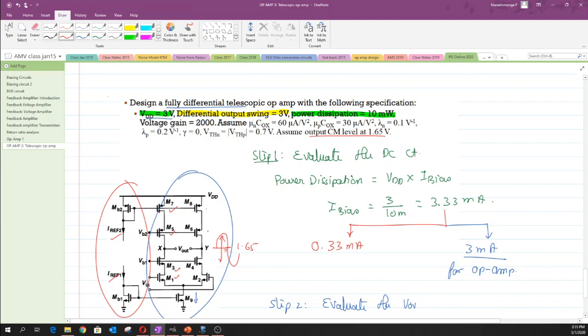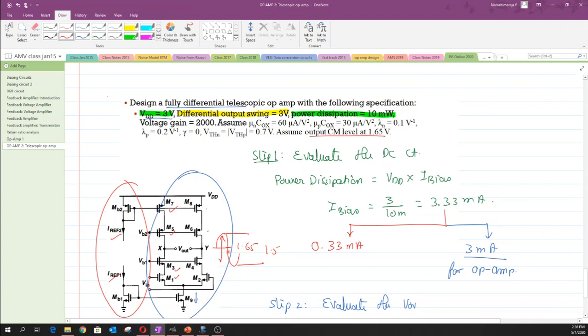It's not been doubled. The doubling will happen only when we measure the output swing with respect to the other end. Only then the factor 2 will come into picture, but if I am not considering the factor 2, then the total swing I would have across a single node, say for example node X, will be a peak to peak swing of 1.5 volt. Hope that it makes sense.